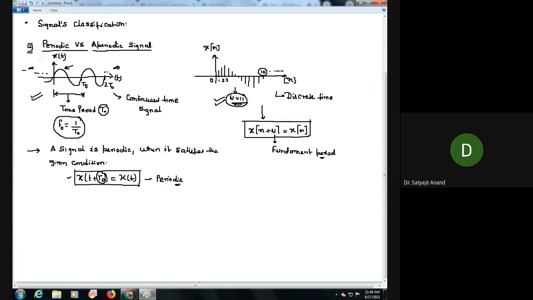So to find the fundamental period, what condition do we have, for both continuous as well as discrete? To find the fundamental period, what should we do?